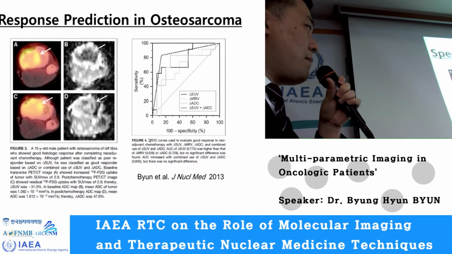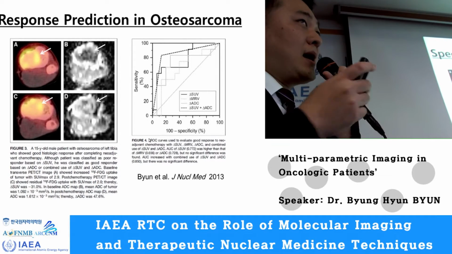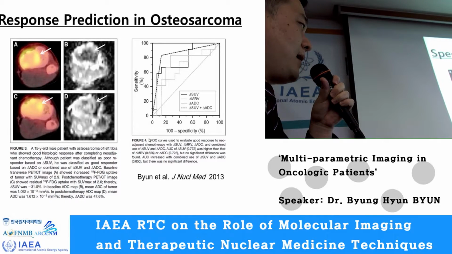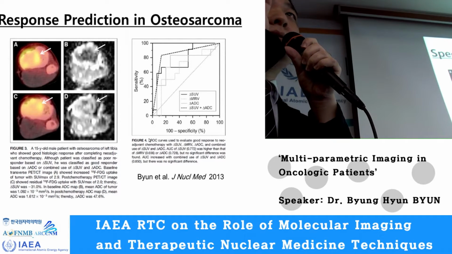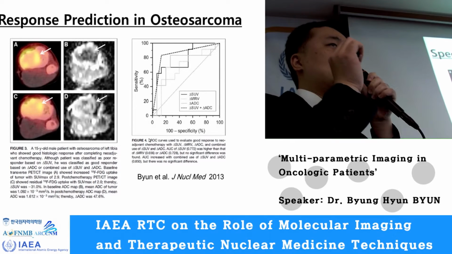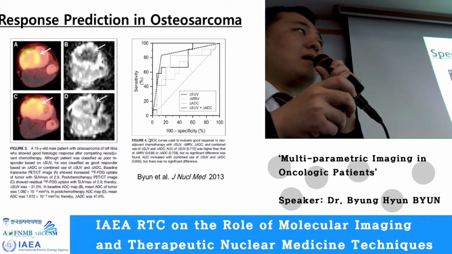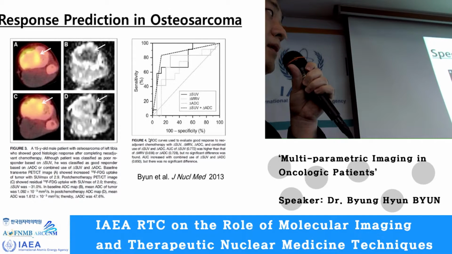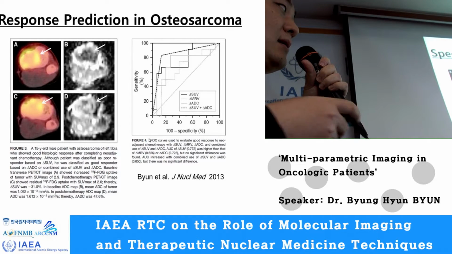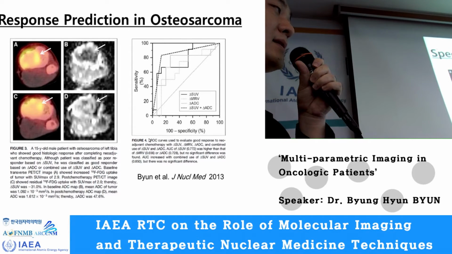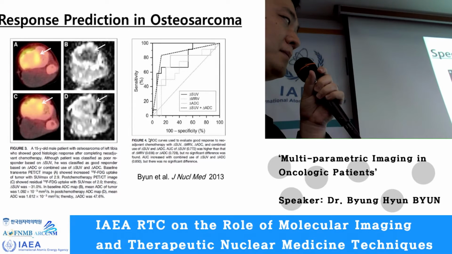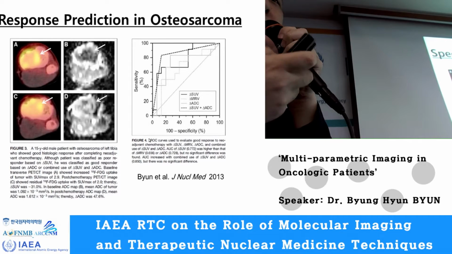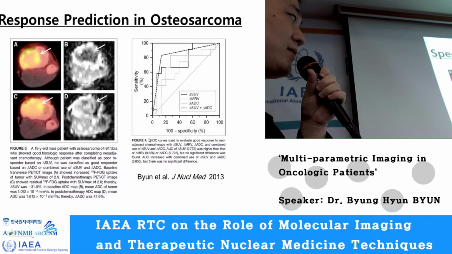But when we combine the PET and the MRI, we can define the small region with the highest SUV. By using the MRI, we can delineate the region, and the surgeon can dissect the specimen, and the pathologist can evaluate the region with the highest SUV.